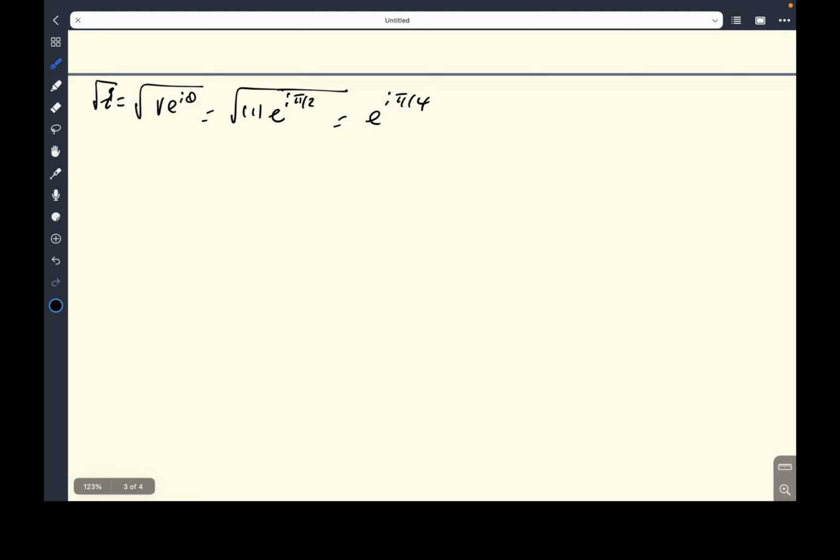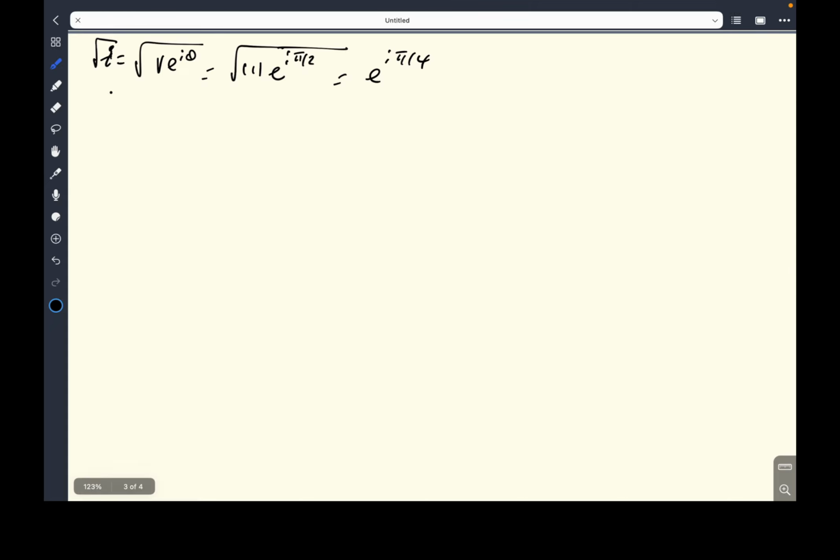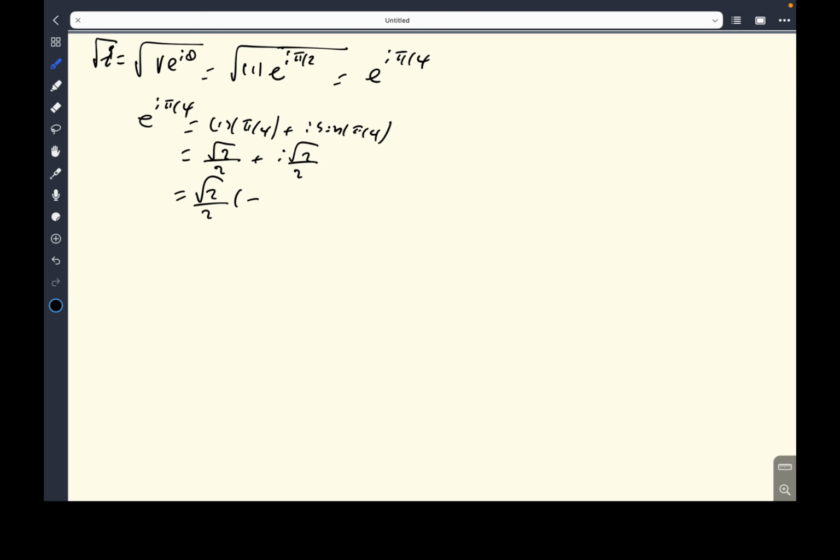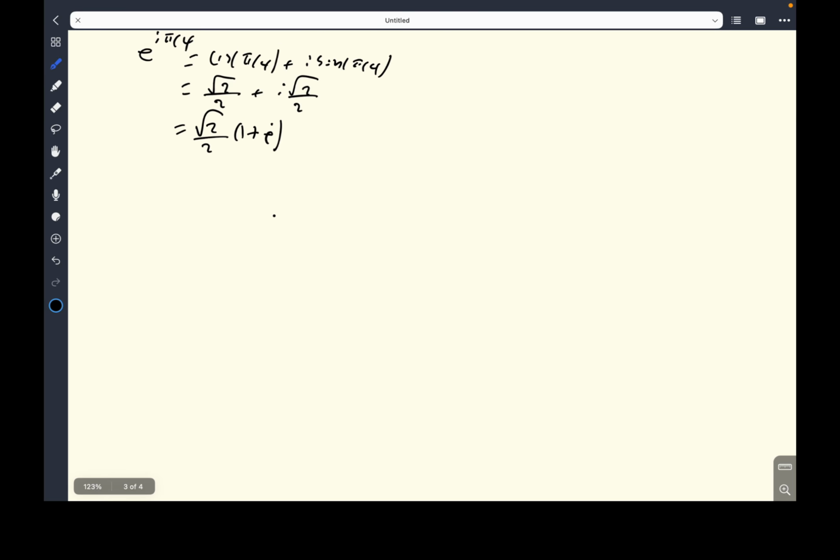So now I can write e to the i pi over 4 as cosine of pi over 4 plus i sine of pi over 4. Therefore, it's root 2 over 2 plus i root 2 over 2, where I factor out root 2 over 2. It's going to be 1 plus i, an imaginary unit.